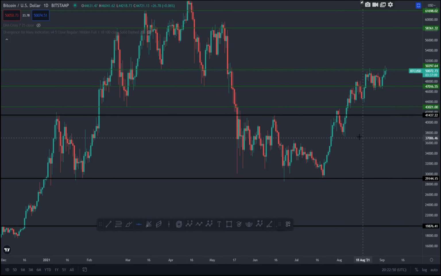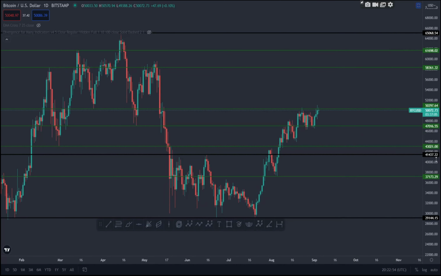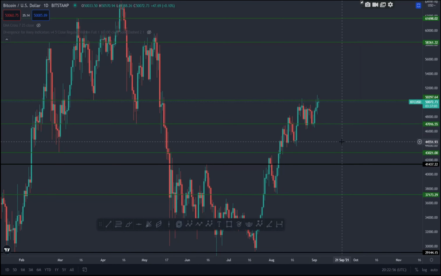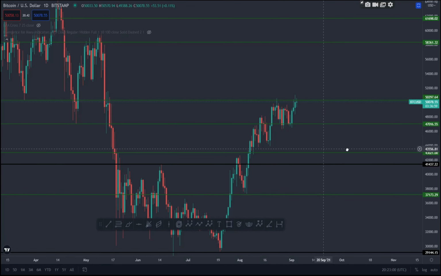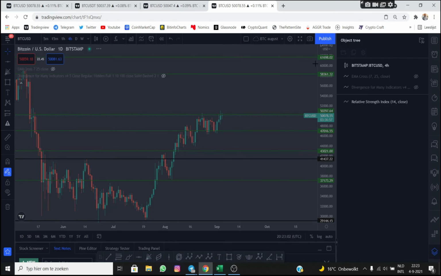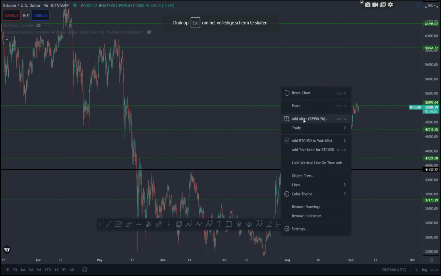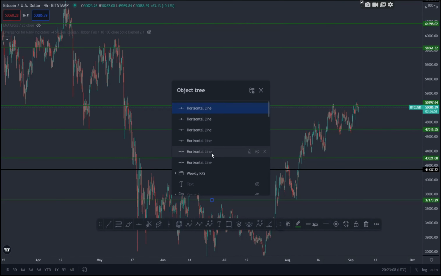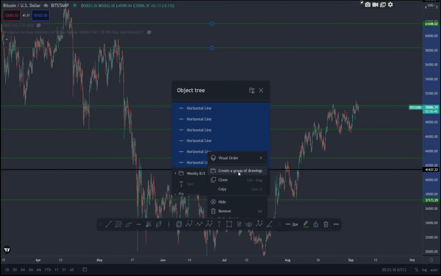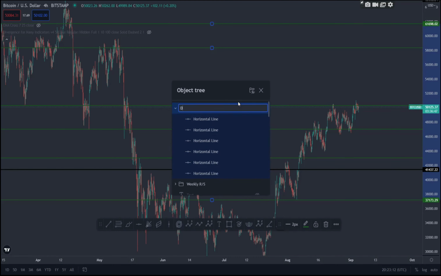So I see another support area right there. Let's see. I can even go on the 4-hour and do the same thing. But before we do that, we organize. Create a group, call this daily.